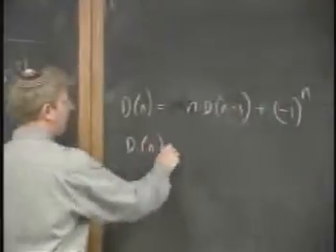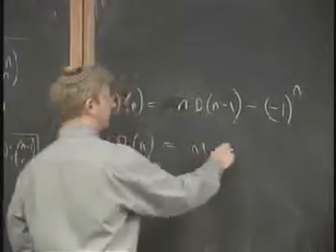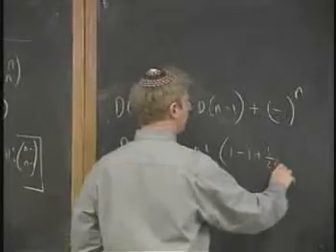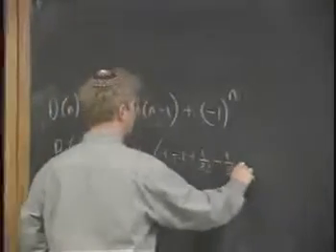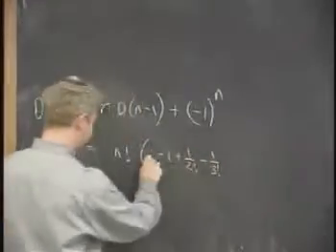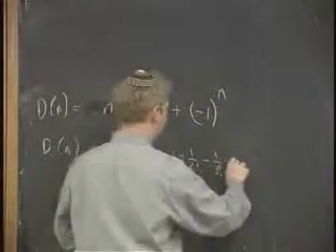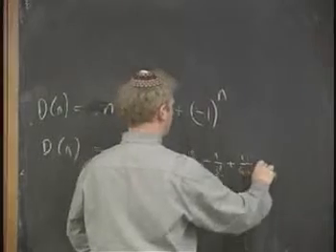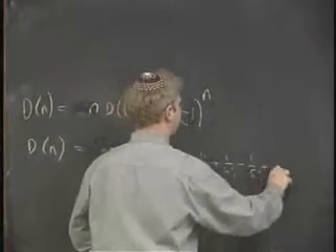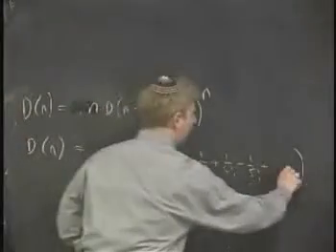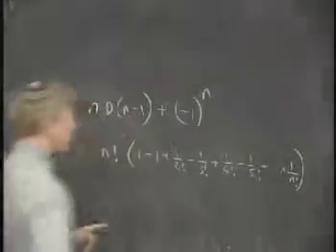If you remember, here's what we got for d of n. We got that d of n equaled n factorial times 1 minus 1 plus 1 over 2 factorial minus 1 over 3 factorial, plus 1 over 4 factorial minus 1 over 5 factorial, etc., up to 1 over n factorial.